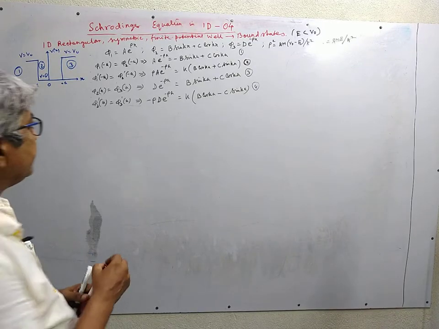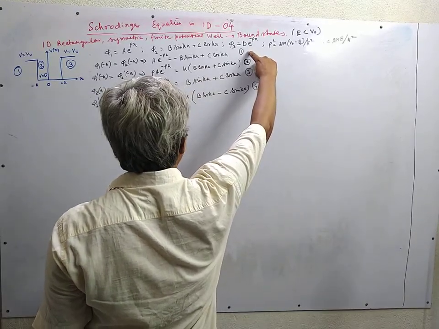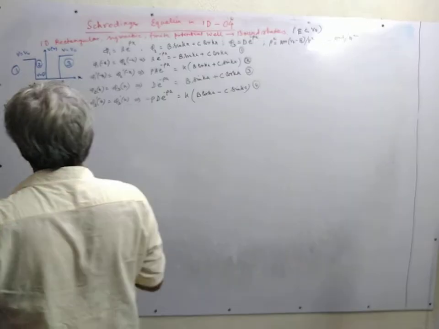Now let me manipulate. If we add and subtract these two, firstly we add 1 and 3, what do we get?